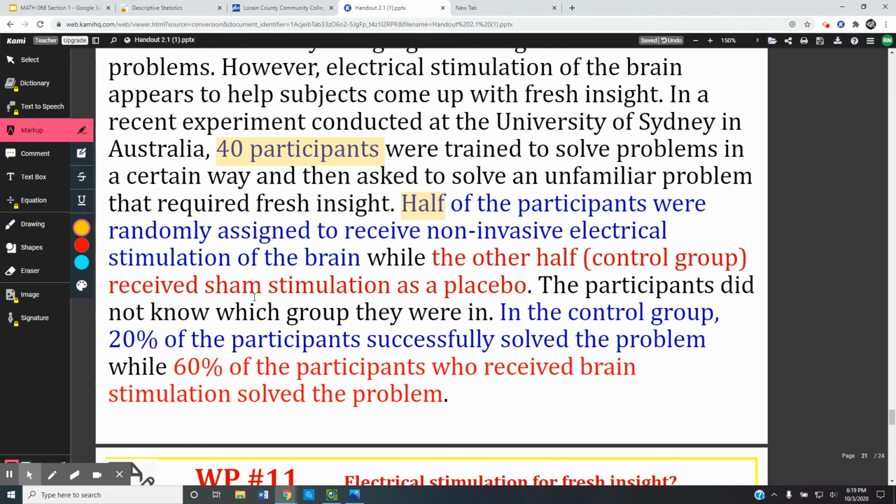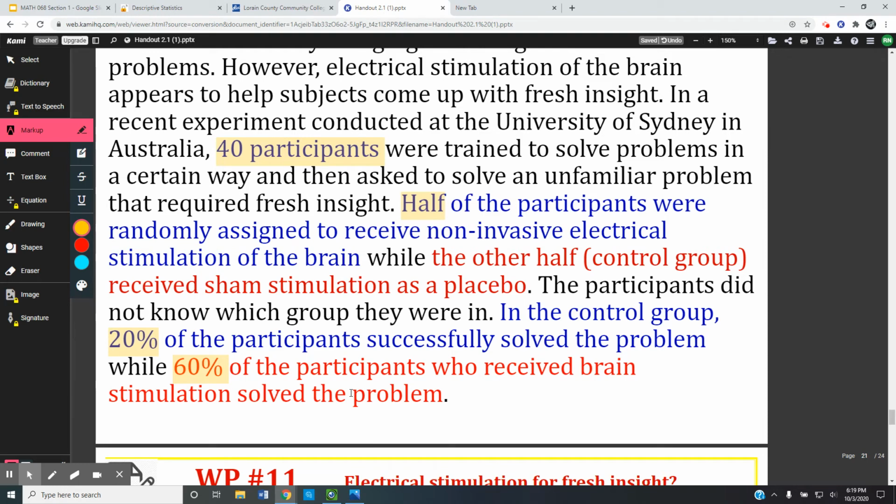The participants did not know which group they were in. In the control group, 20% of the participants successfully solved the problem, while 60% of the participants who received the brain stimulation solved theirs. So we have a success rate of 20% in the control group, and a success rate of 60% in the other group.